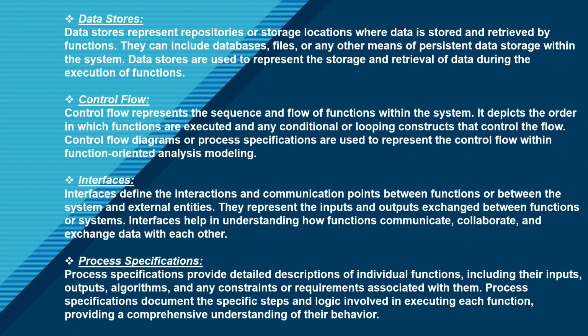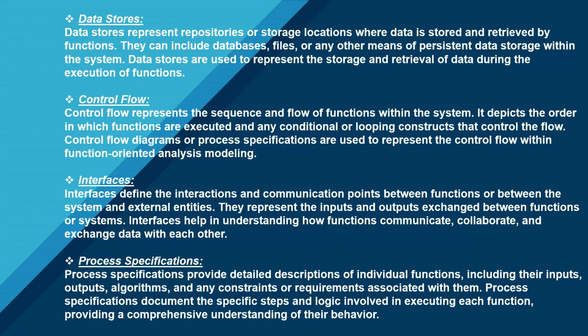Next is control flow, which represents the sequence and flow of functions, or basically depicts the order in which functions are executed and any conditional or looping constructs that control the flow. Another one is interface.